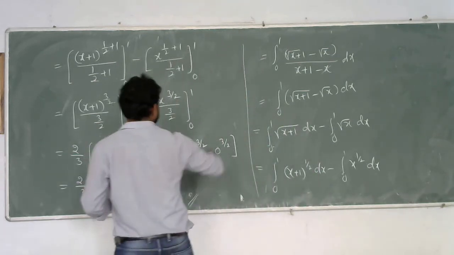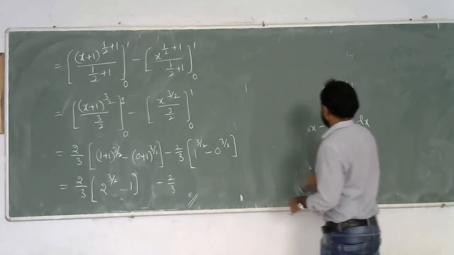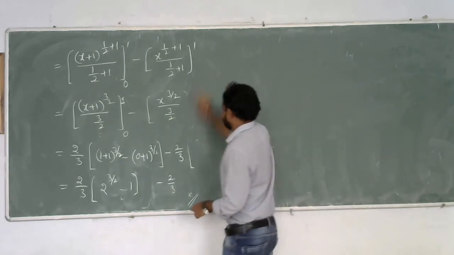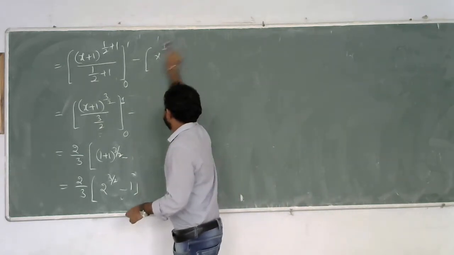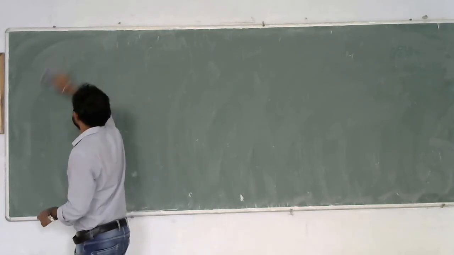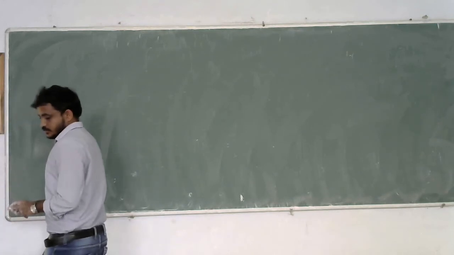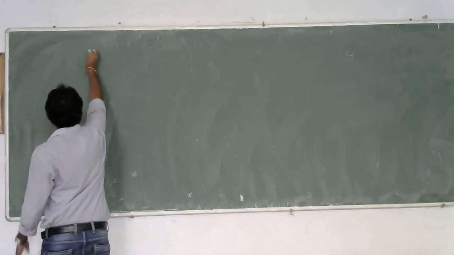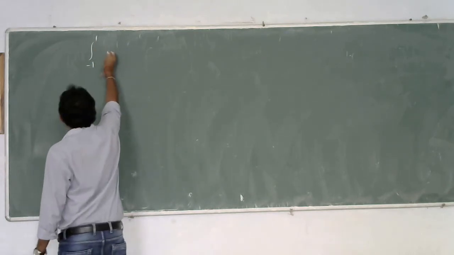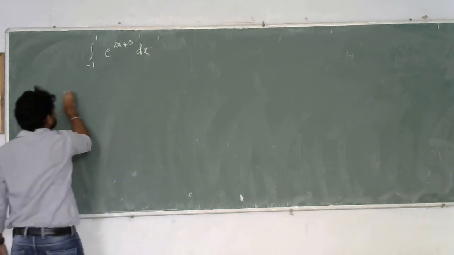Let us see one more problem. Evaluate integral minus 1 to 1 of e to the power of 2x plus 3 into dx.